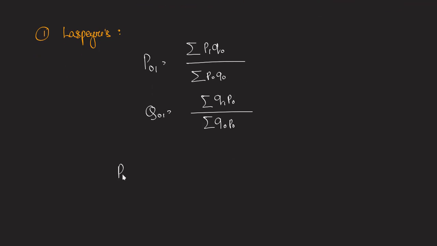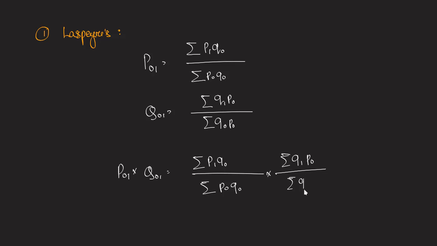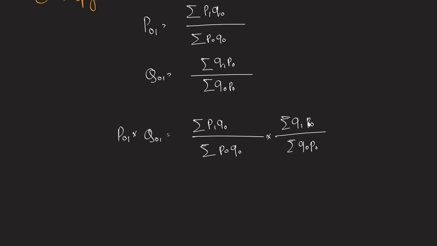So if we multiply P01 into Q01, we will get summation P1 Q0 over summation P0 Q0 into summation Q1 P0 over summation Q0 P0, right?